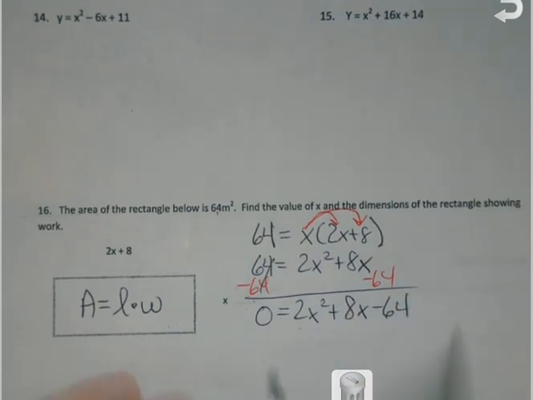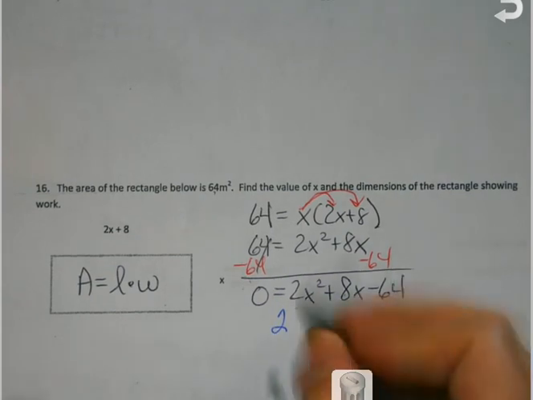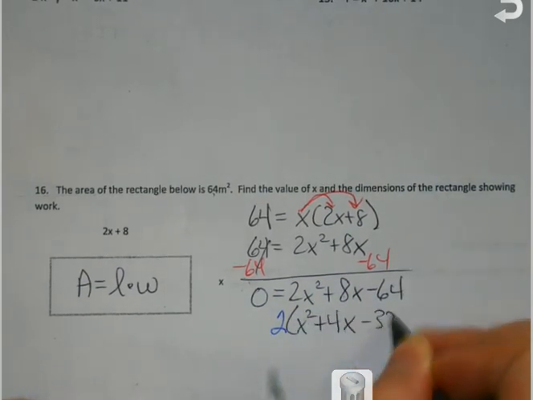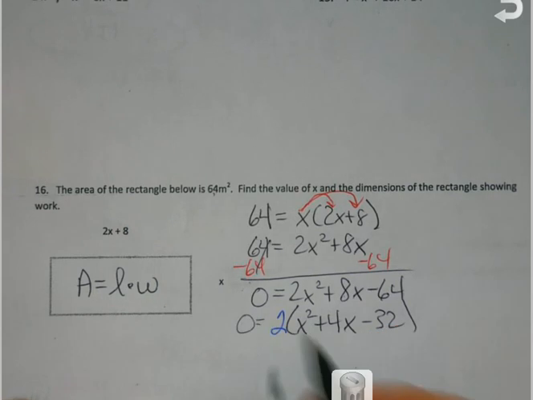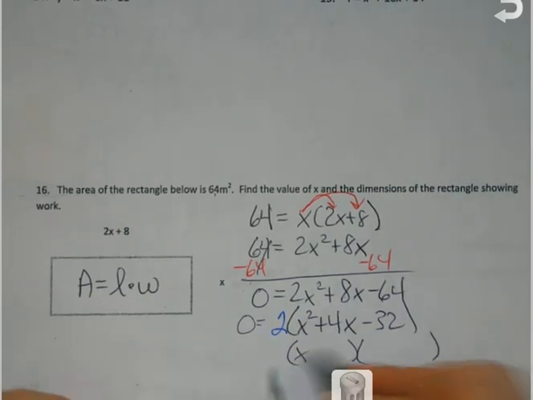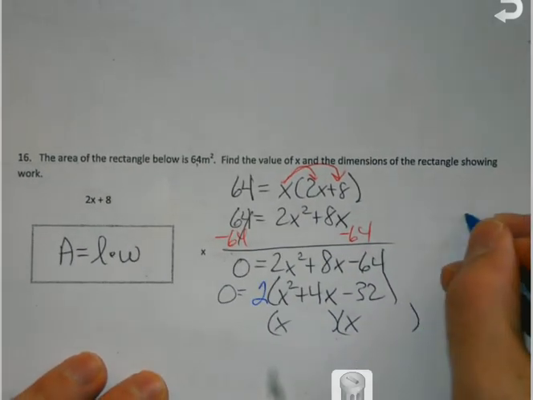Do 2, 8, and 64 have a number in common? Even if it's little? 2. By taking the 2 out, I don't have to do slide and divide anymore. I just have to factor this part. So I need 2 numbers that multiply to negative 32 and add to 4.